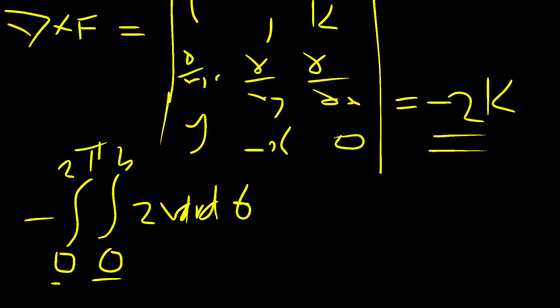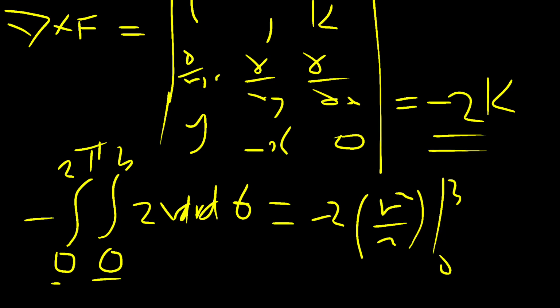Working this out, we get minus 2, then r squared over 2 for dr from 0 to 3, which gives 4.5, so 4.5 times 2 gives minus 9, integrated from 0 to 2 pi d theta.